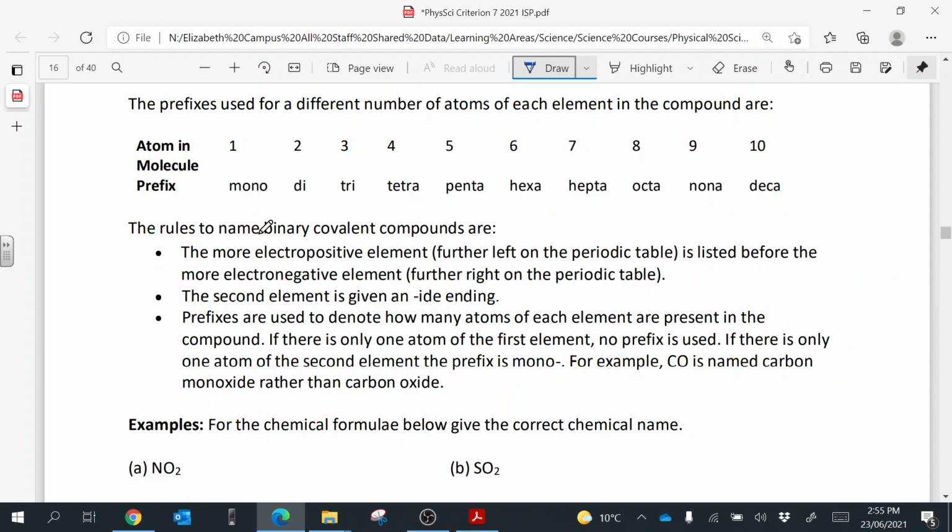The rules to name binary covalent compounds are: the more electropositive element, further left on the periodic table, is listed before the more electronegative element further on the right.